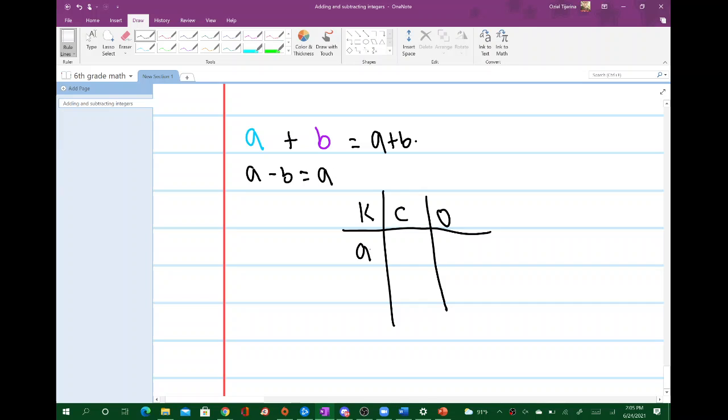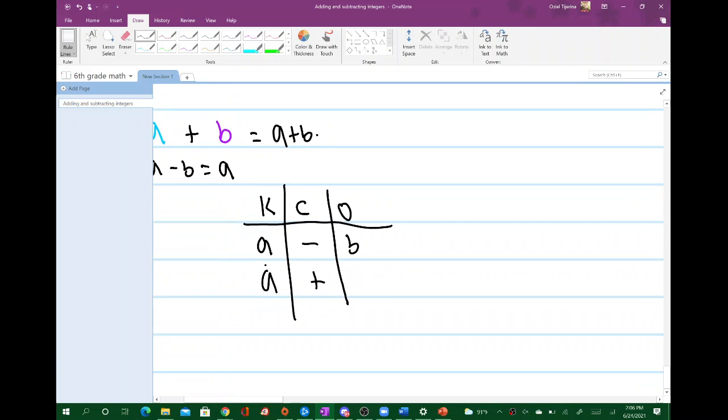This is really just A. You're gonna keep the first, basically A minus B. You're gonna keep the A. You're gonna change this into a positive, right? And what is the opposite of B? Well, we know that the opposite of a positive number is a negative number, right? That is something that we must understand, that the opposite of a positive is a negative. So it's going to be -B.